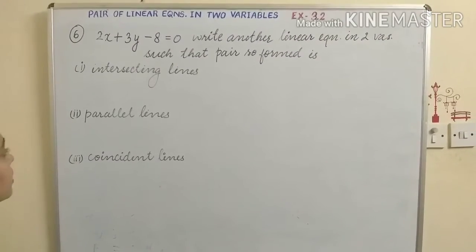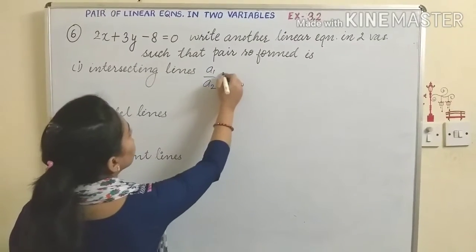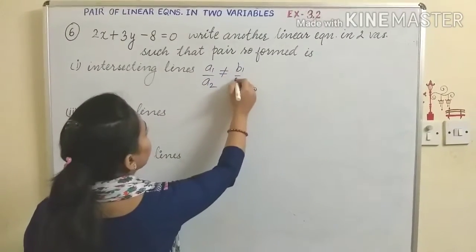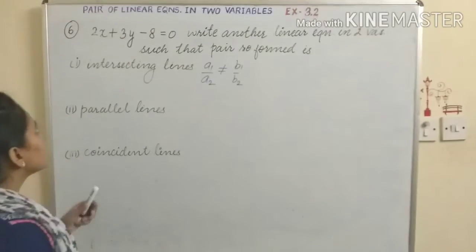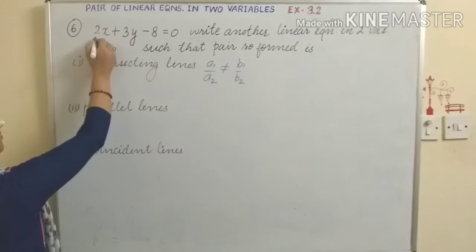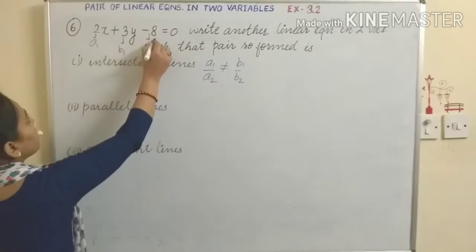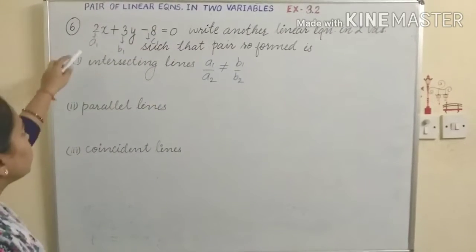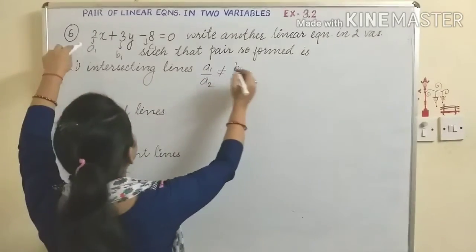So first we will work for intersecting lines. As you know, the condition for intersecting lines is that a1 upon a2 should not be equal to b1 upon b2, and c1 upon c2 may be equal or not equal, it doesn't matter. Here a1 is 2, b1 is 3, and c1 is minus 8. So we will keep in mind these values, so that the ratios are not equal.